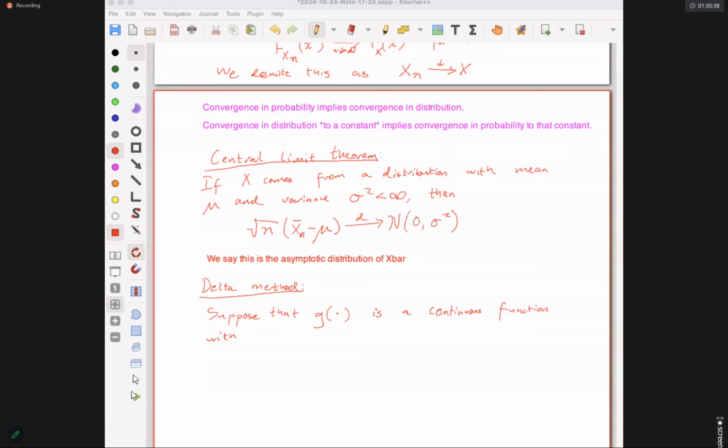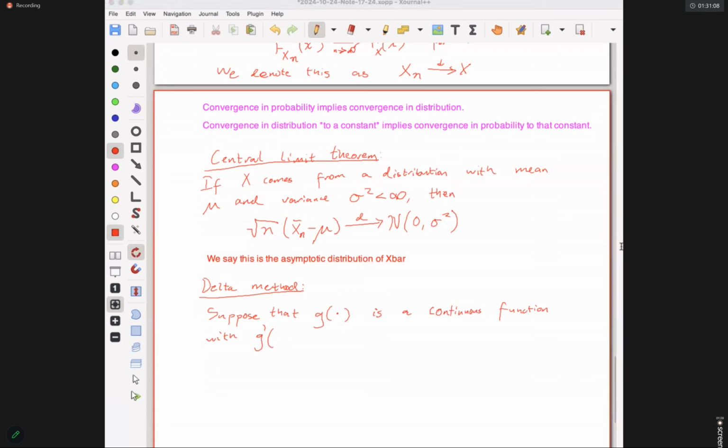I'm going to check that though, just to make sure that I don't misstate the theorem. Oh, it's the G prime at theta.